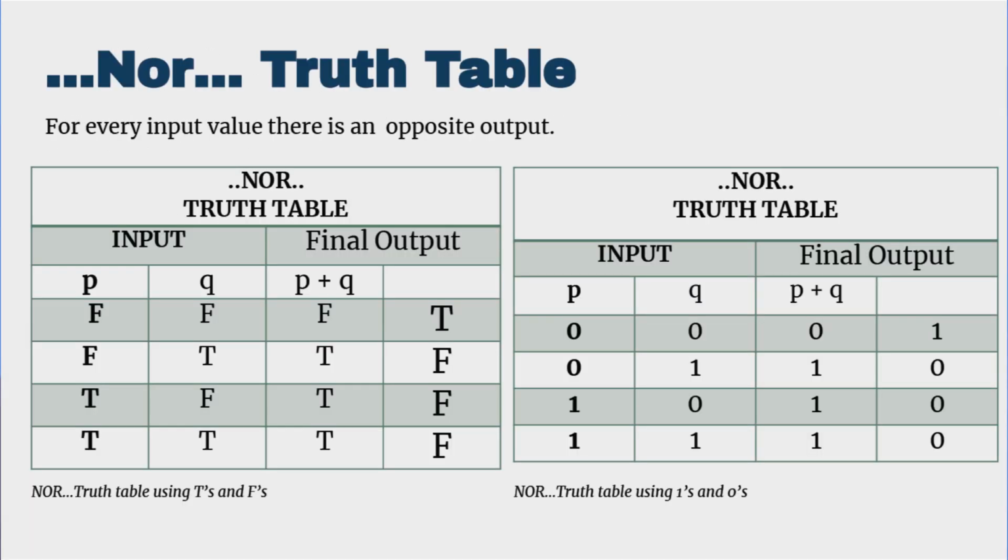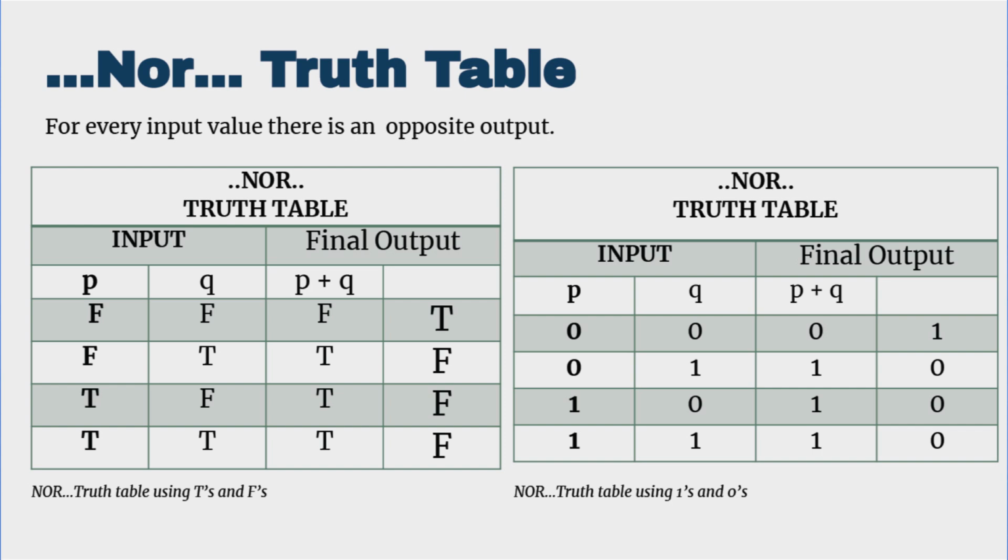Now, the NOR truth table. You will have still the same number of inputs, okay? But what happens in the NOR truth table? It's going to be the opposite of the OR table, okay? Because it's NOT OR, whatever was true in the OR table becomes false.